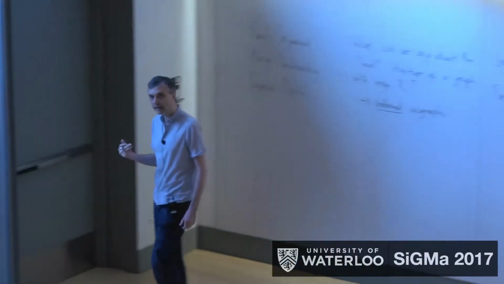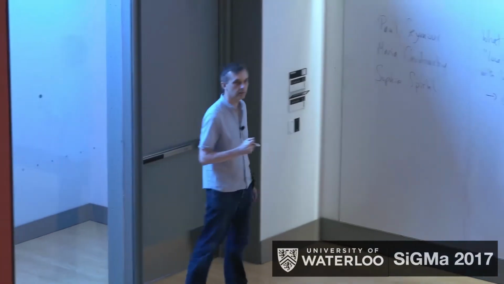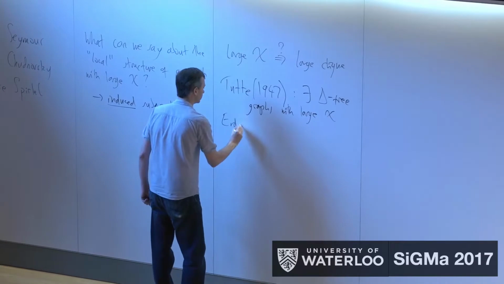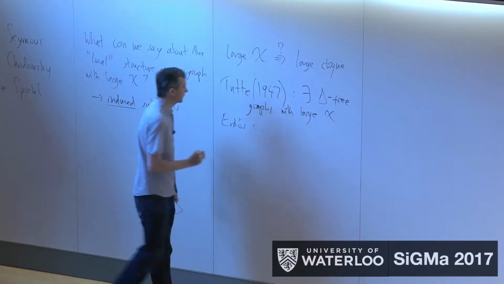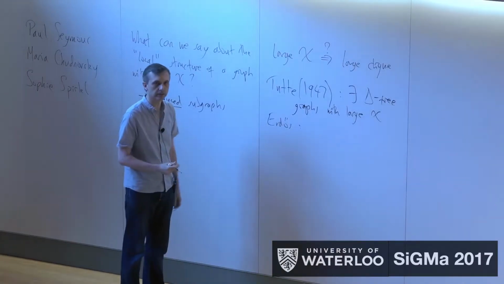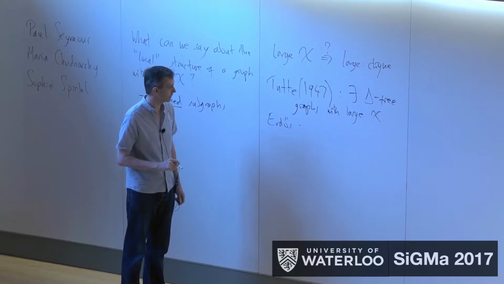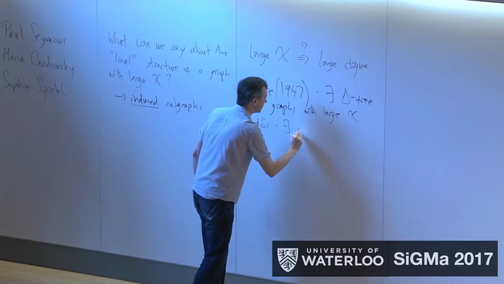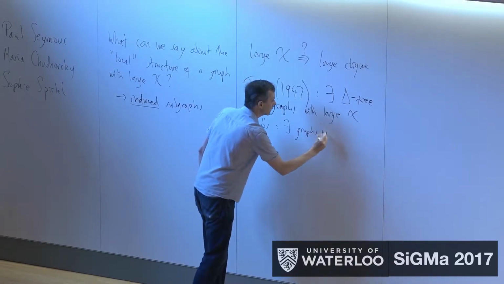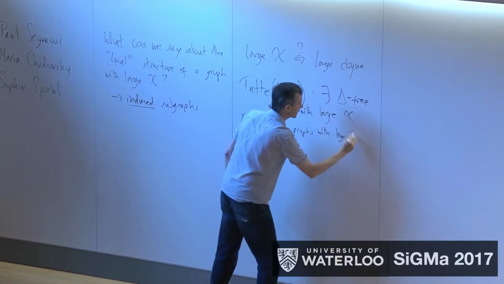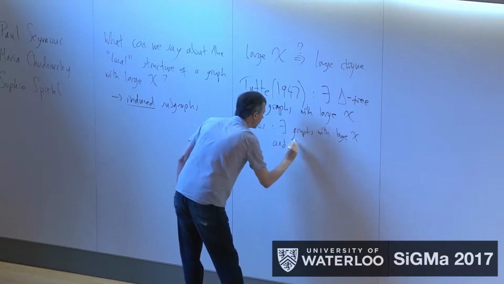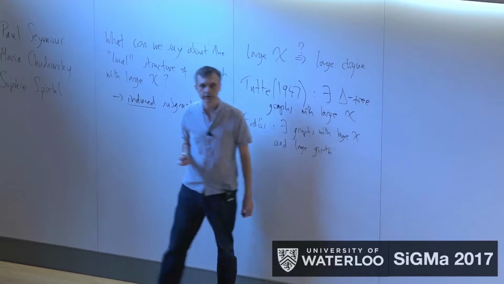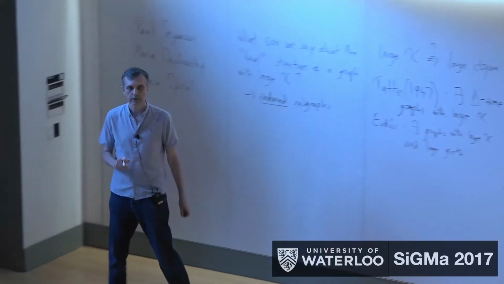There are now lots of constructions, and in fact there's a later result of Erdős, which is now an easy result, but it was an early application of the probabilistic method. More than that, there exist graphs with large chi and large girth. So not only no triangles, not even any short cycles.